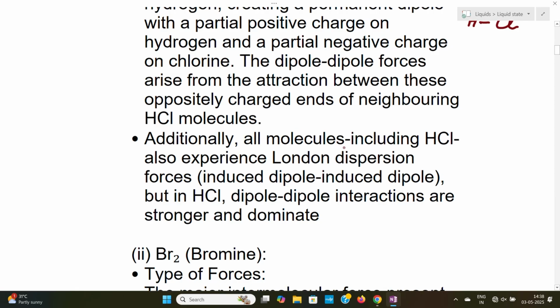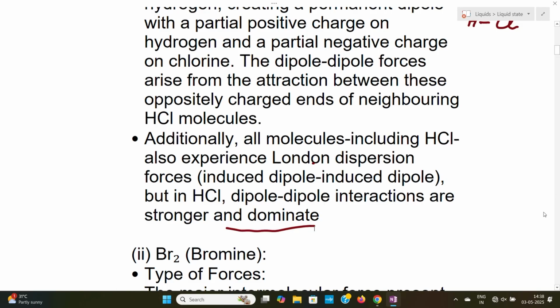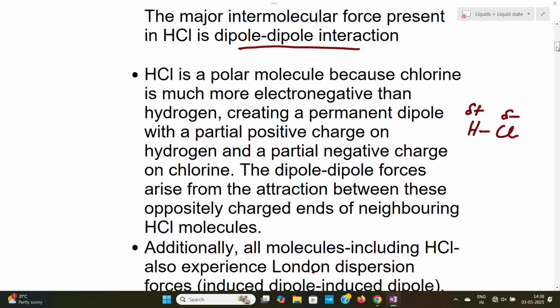In HCl there are London dispersion forces also, because all molecules, including the molecules which have dipole-dipole interactions, also experience London dispersion forces. But in HCl, the dipole-dipole interactions are stronger and dominate. This is about the intermolecular forces of HCl.